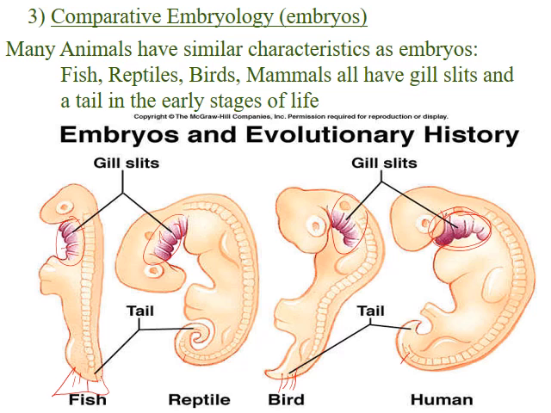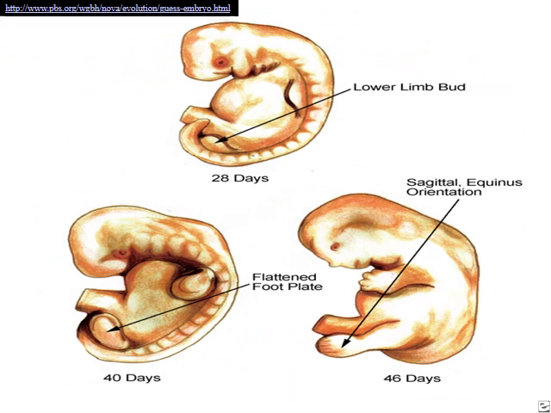And humans, of course, don't have a tail, so this becomes part of the coccyx, the vestigial structure I mentioned before. Again, they look very similar at this point, so if I didn't have labels on there, it would be very difficult for you to tell me which was the human, which was the bird, which was the reptile, which was the fish.